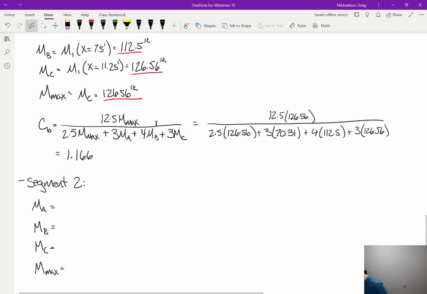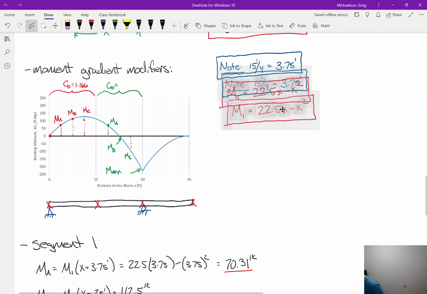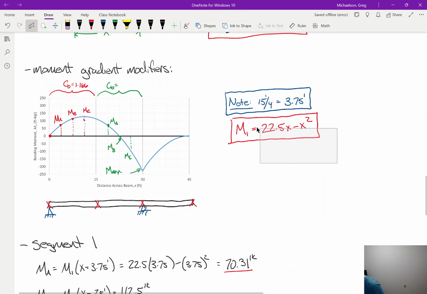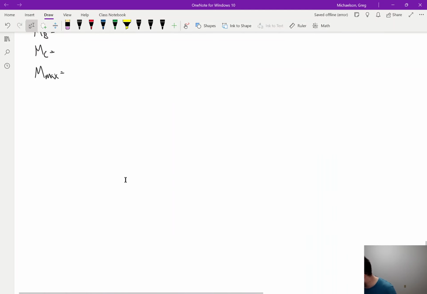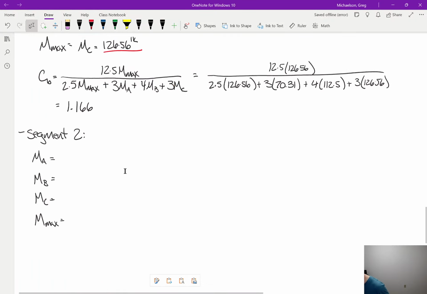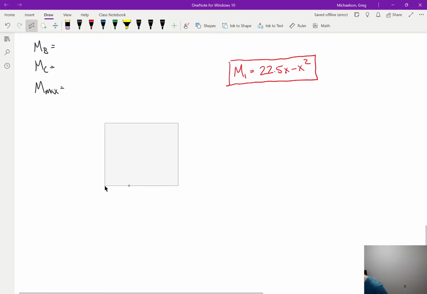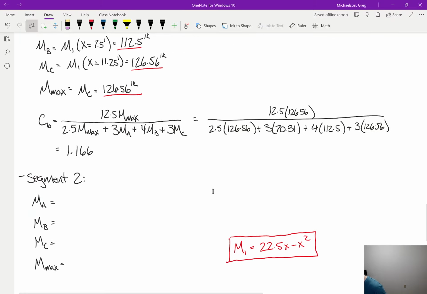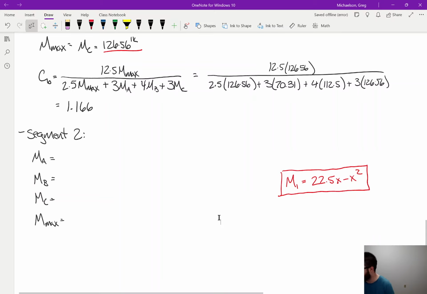So maybe what I'll do, just to make sure we remember where this is coming from, is put that over there. Let's just make sure we have it sort of at reference, okay? Okay, just to clean that up a little bit.